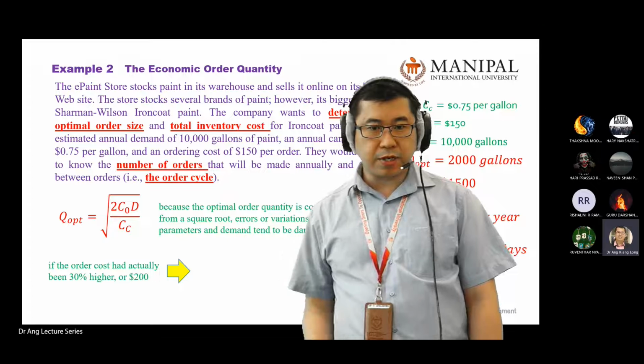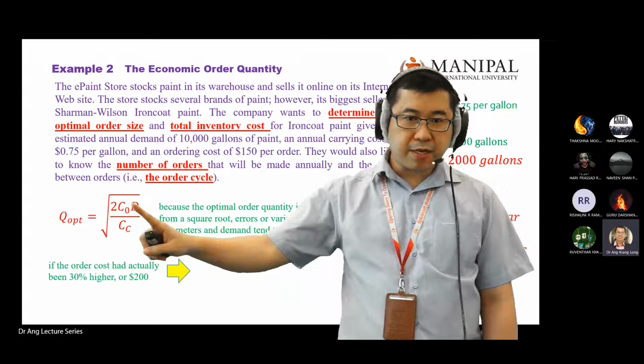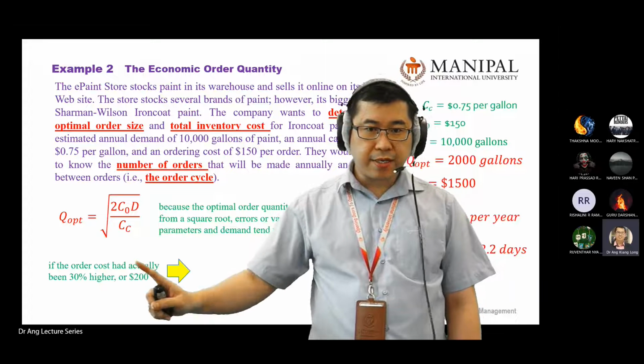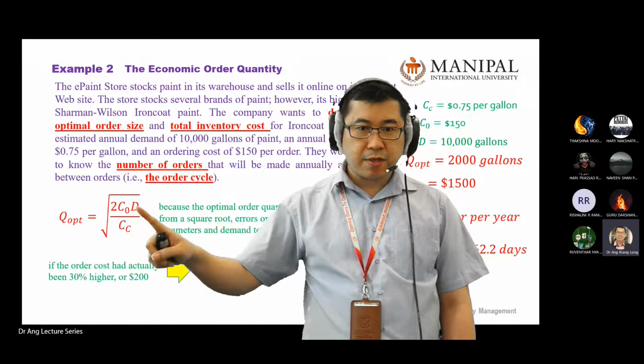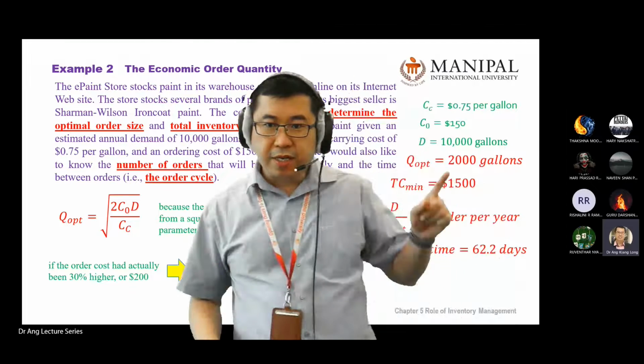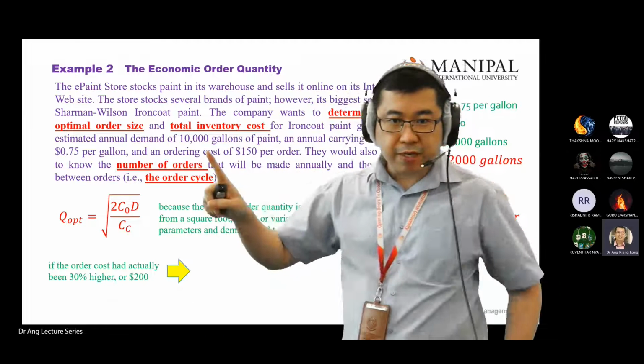This is just an illustration. If the order cost had actually been 30% higher, what is the order cost? In this case, the order cost is 150.